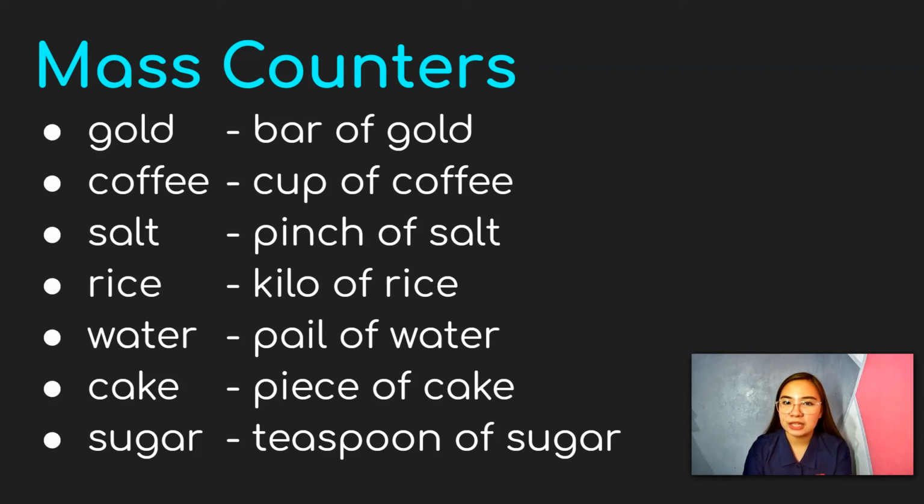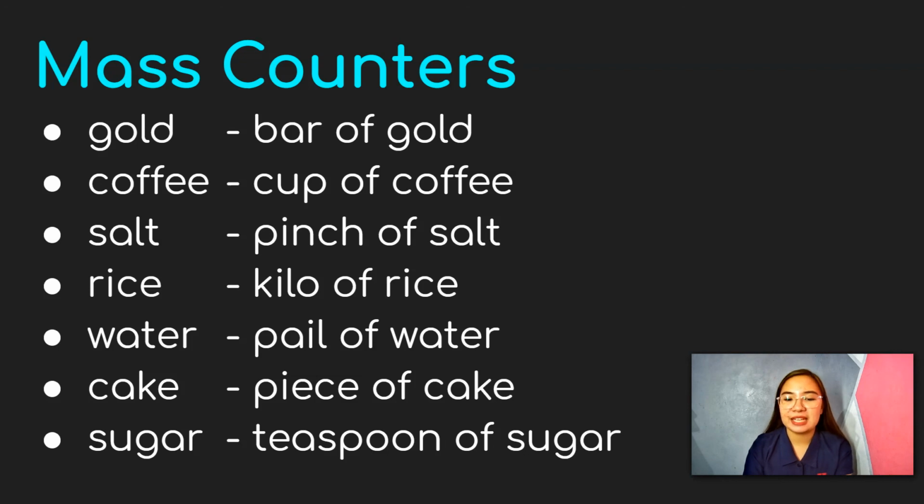Next, for salt, we can say a pinch of salt, a sack of salt, and so on and so forth. Next is rice. For rice, we can say a kilo of rice, a cup of rice, a sack of rice, a spoonful of rice, and many, many more. Next is water.